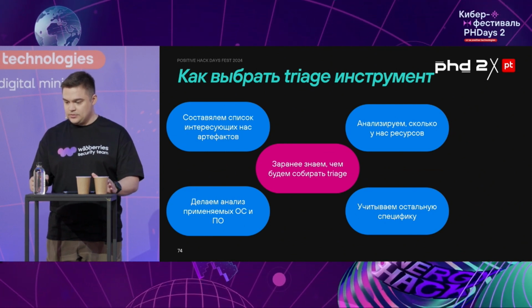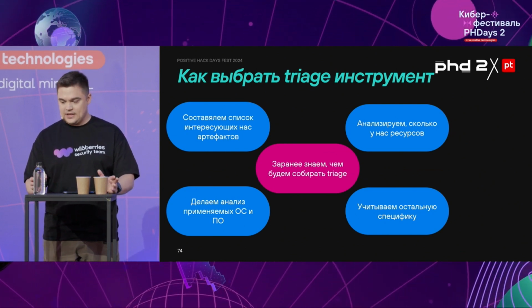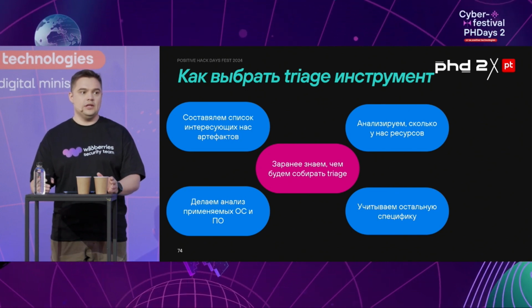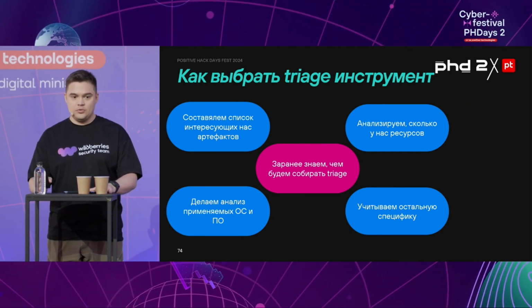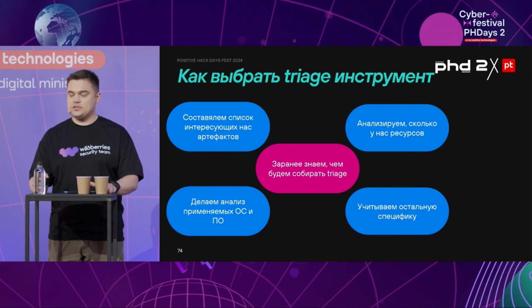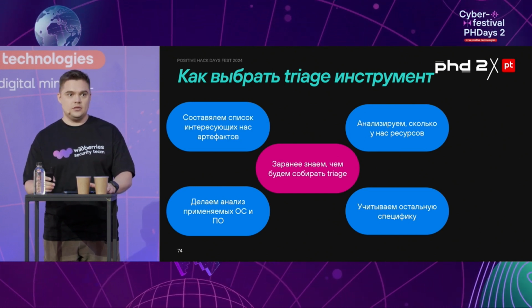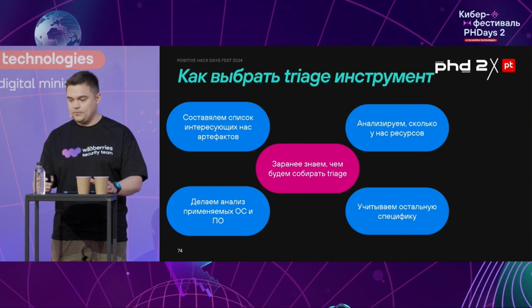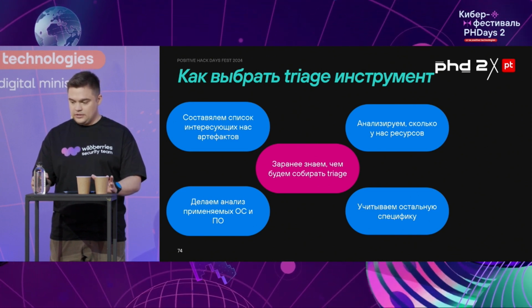The overall concept for picking the triage tool: based on the software and operating systems used, we can understand the list of artifacts we are more likely to be interested in.